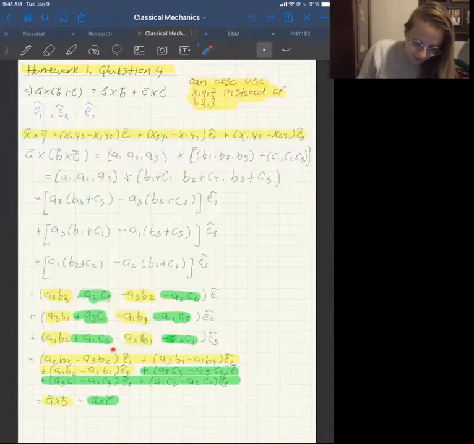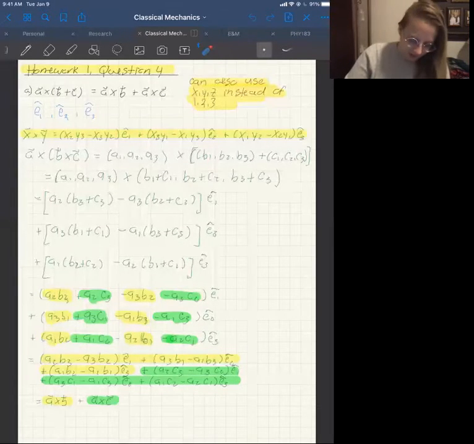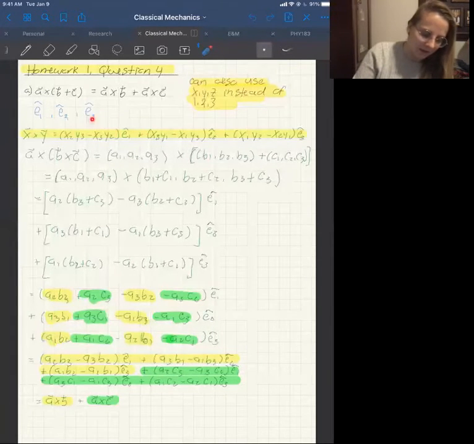So I have 2 terms from e1 that involve B, 2 terms from e2 that involve B, 2 terms from e3 that involve B, and then similarly for C. If you look at this yellow line, it has the exact same form as the cross product of 2 vectors.